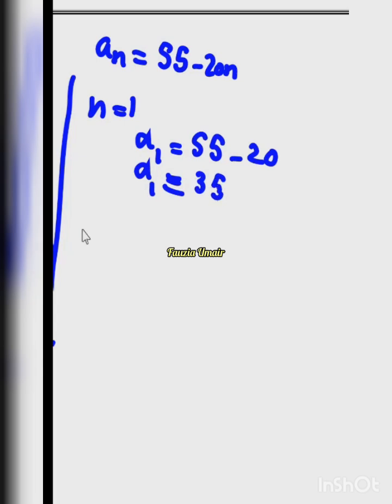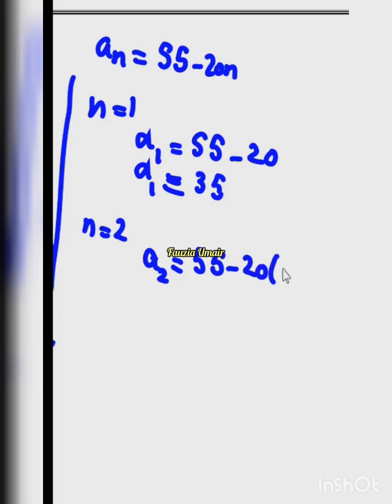Now I will put N is equal to 2 because in the question they said find the first 3 terms. So I will use the formula to find the terms. Now I am calculating A2. I will put N is equal to 2 in the formula: 55 minus 2 into 20.